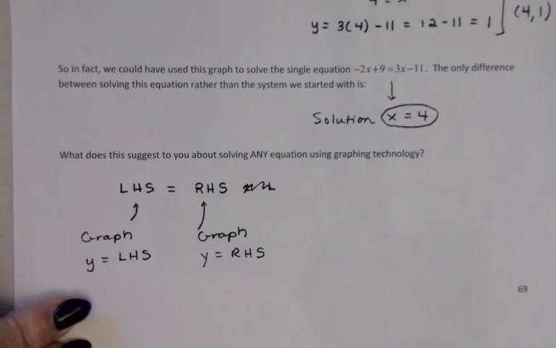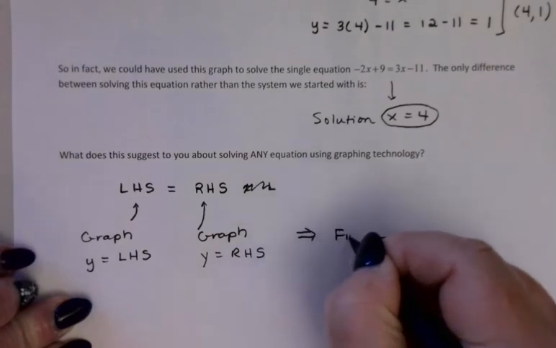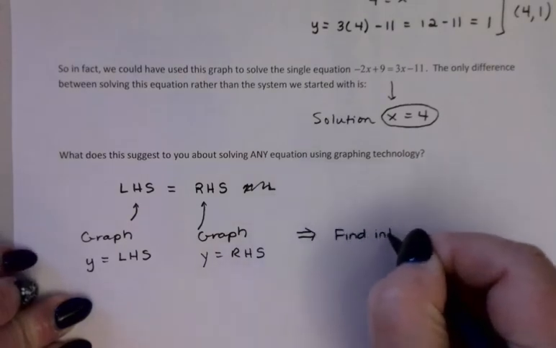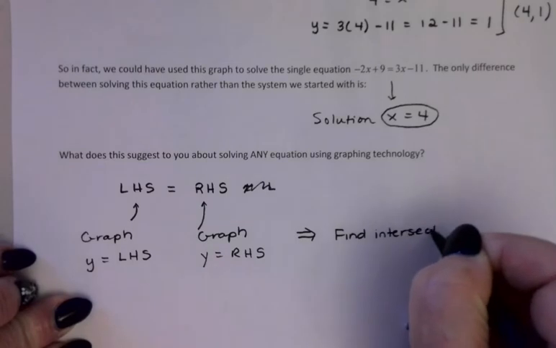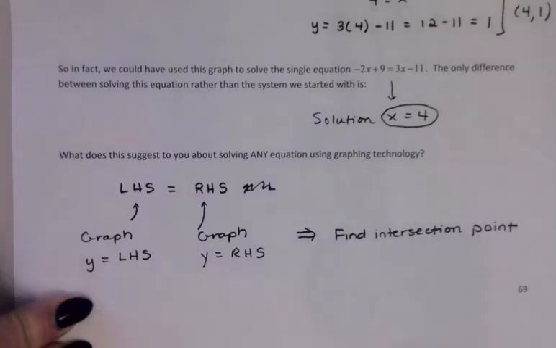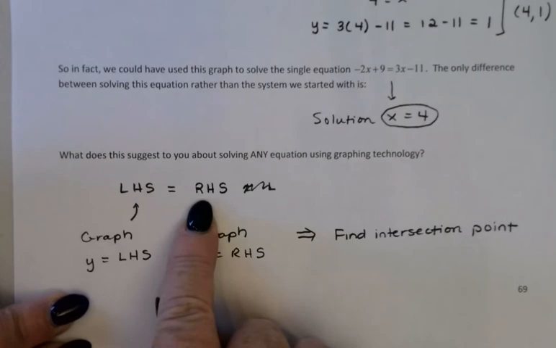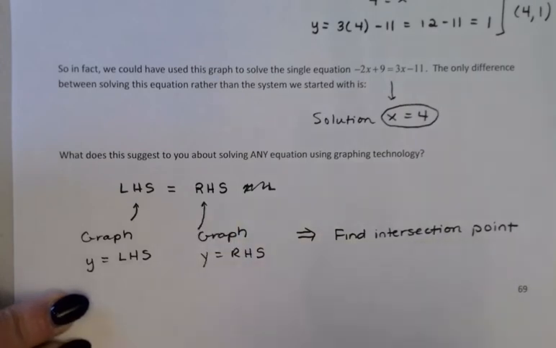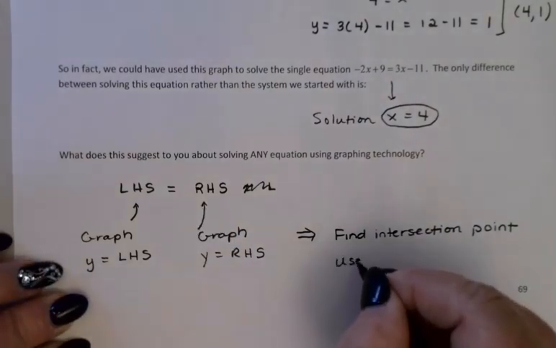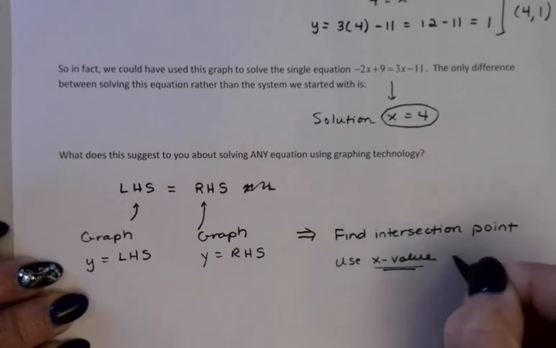And where they intersect is really going to give me the solution to my equation. Keeping in mind the point we had here, the solution to the original equation would not involve y. We would only use the x value for that intersection point. We're only trying to solve for x.